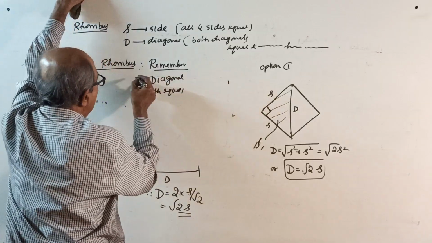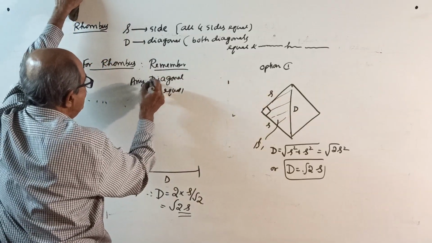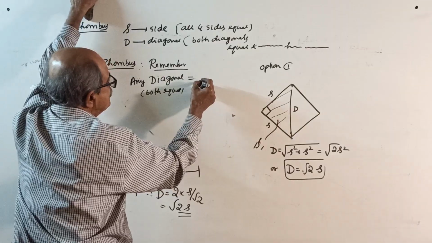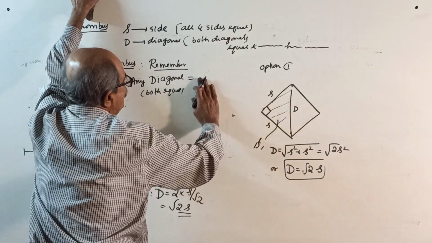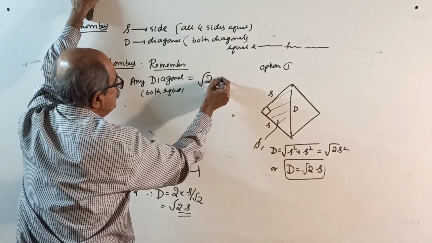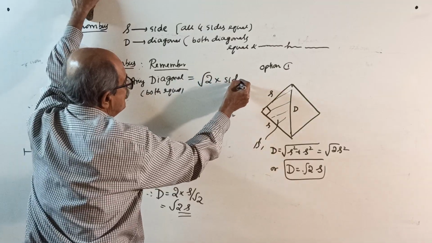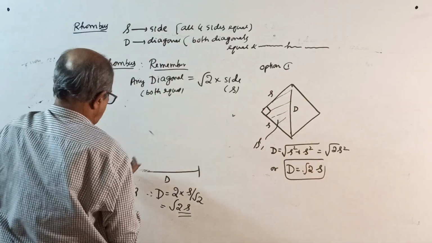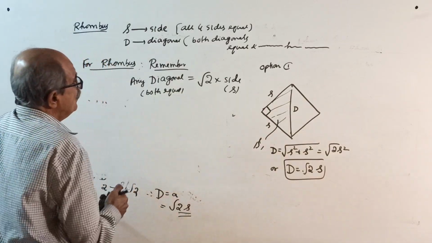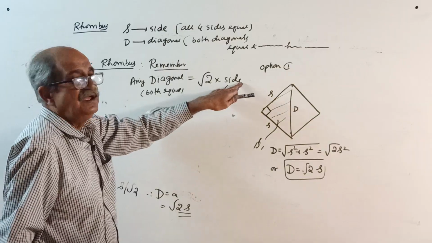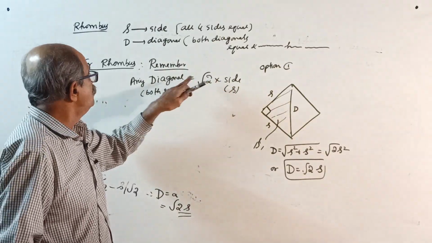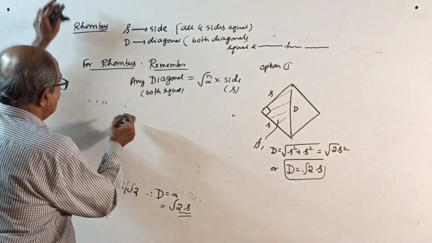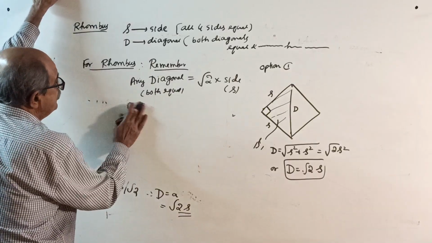Any diagonal is equal to root 2 times the side, s. Okay. One concept over. So if they give side, multiply by root 2, you get the diagonal. Or use this.